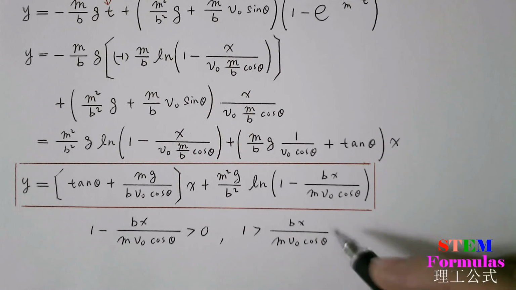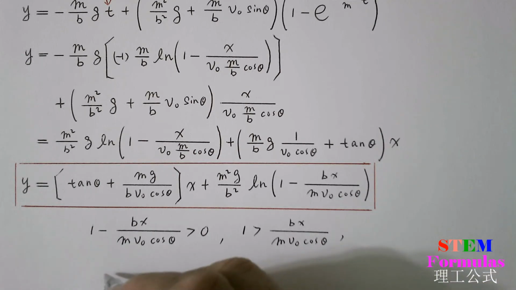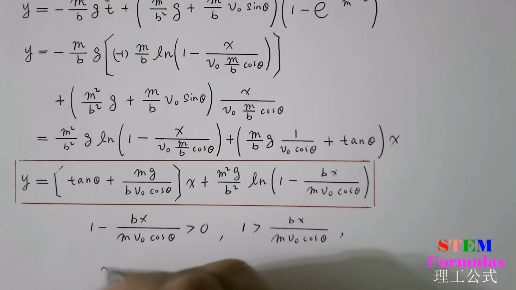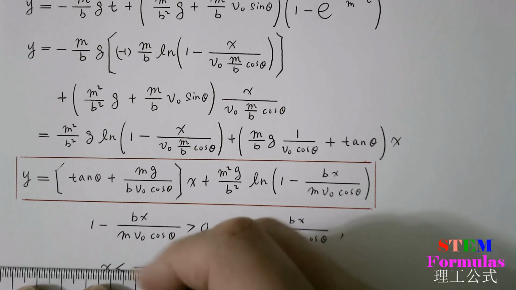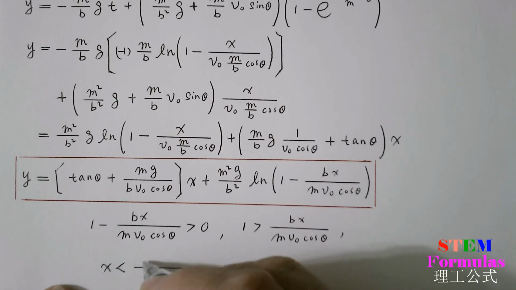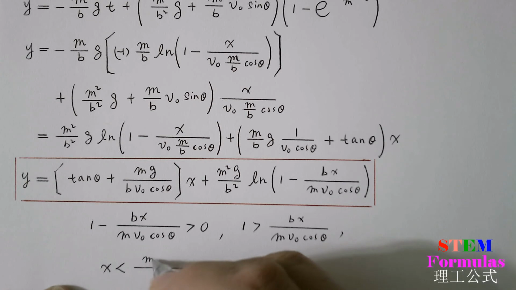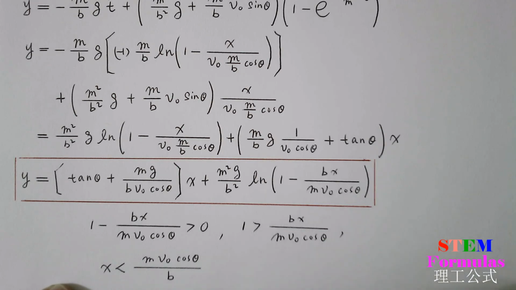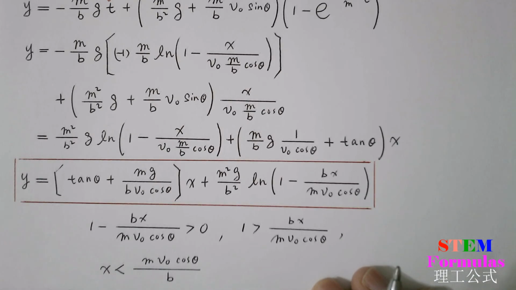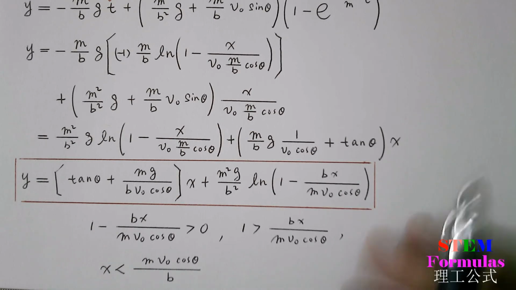That is, x must be smaller than m v0 cosine theta divided by b. So this is the x range.